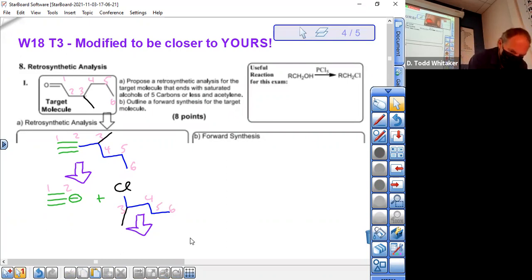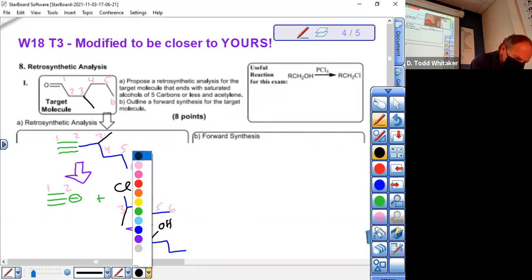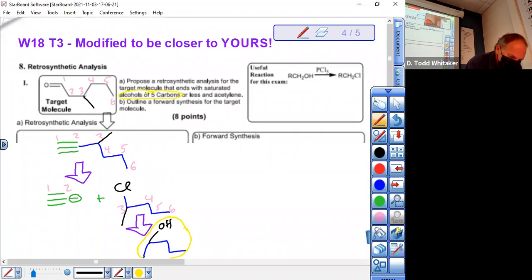Just alcohol. And OH up there. Circle it. You don't have to circle it either. That's an alcohol with 5 carbons right there. Alcohol of 5 carbons. Did you just bend the Cl? Oh, you did? I didn't bend anything. I ran out of room.